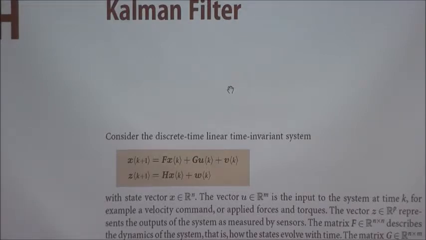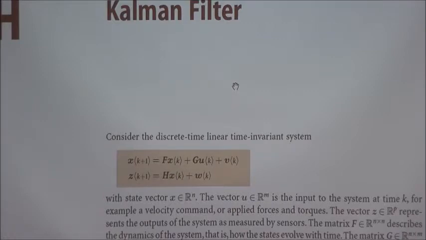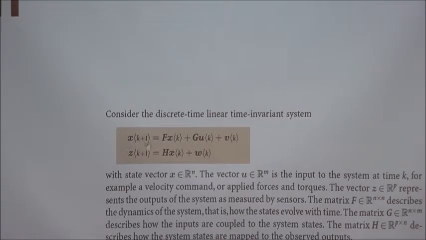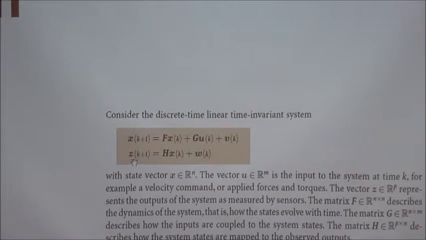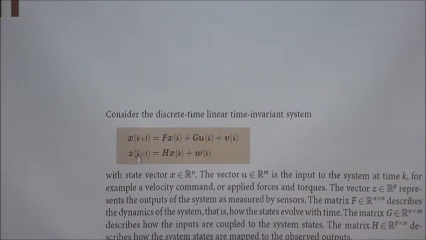In 1960, at a conference in Mexico City, and later in the Journal of Basic Engineering of the American Society of Mechanical Engineers, ASME, he published a paper which basically says: given a linear time invariant system, x of k plus 1 is some constant F matrix times x of k plus G times u of k plus some noise in the model, and at the same time given a measurement equation, measuring a bunch of variables called z through a sensor or group of sensors, as a function of x, which is your state variable, plus some noise in the measurement w.